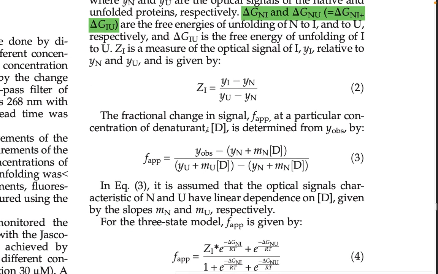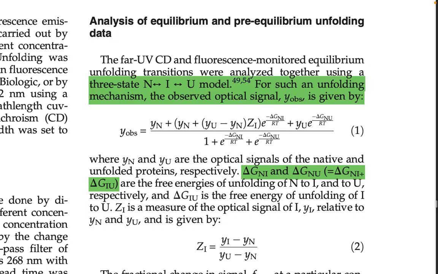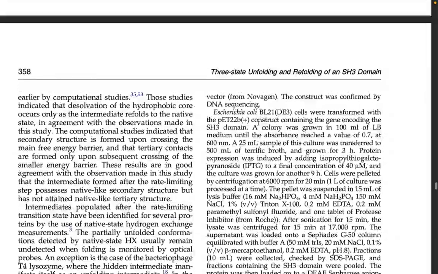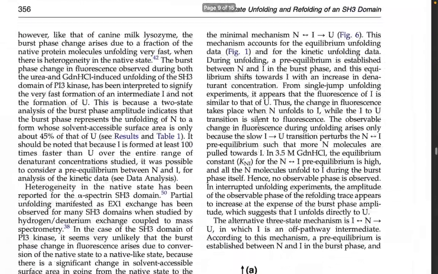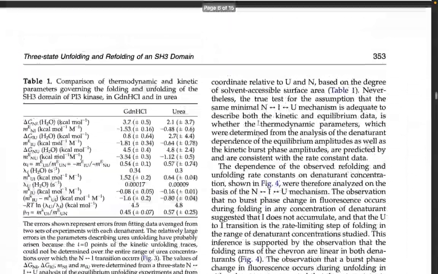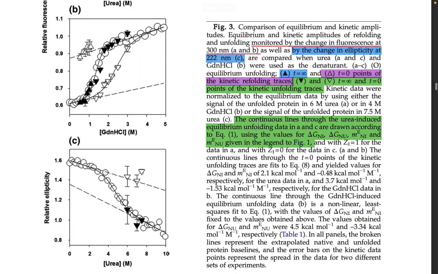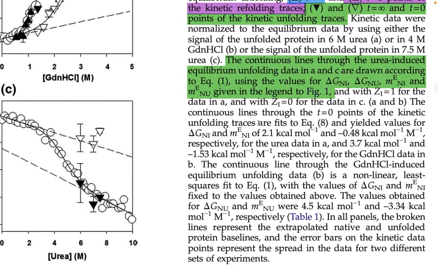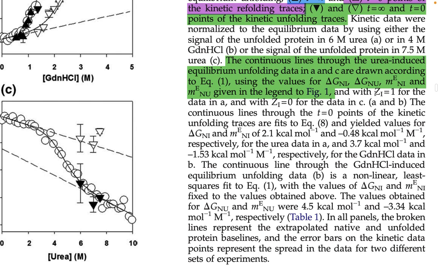So it is the third equation. Basically this is the fit, and using this fit they could get all these parameters. They have taken Zi as 1 for the data in A and 0 for the data in C. We'll see why it is different.